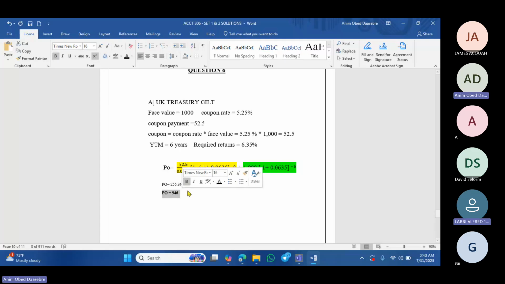So now the present value of the treasury bills is 946 euros.